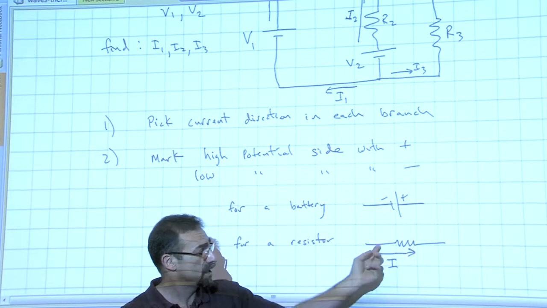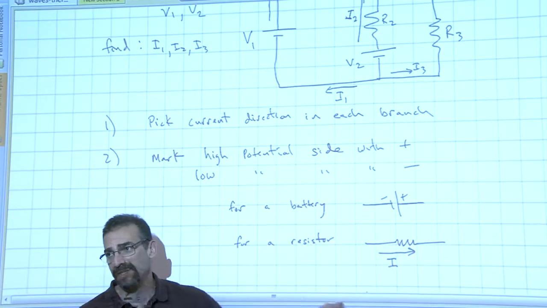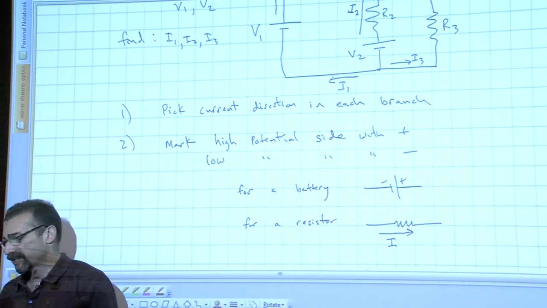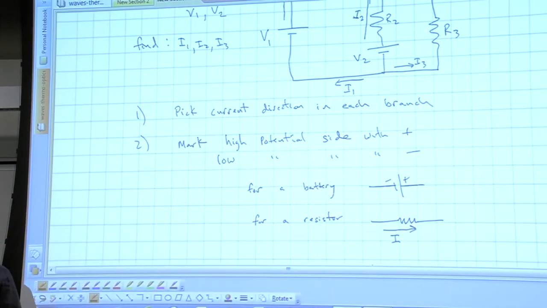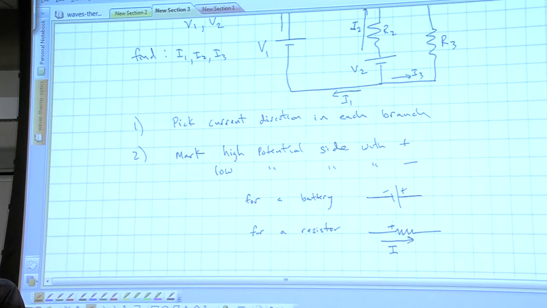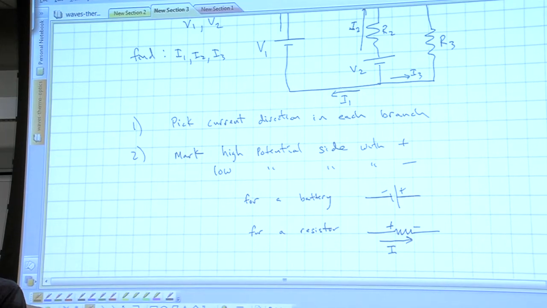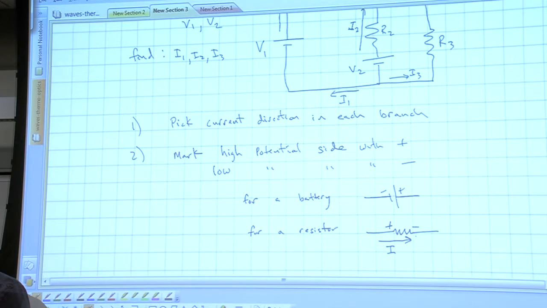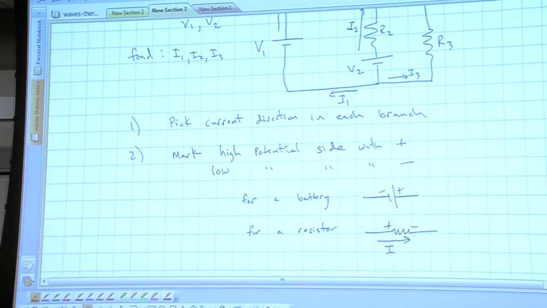If it was the other way around, positive charges would not be going that way. So if we know the current is going left to right, then the left side of this resistor must be at higher potential than the right side, or the current wouldn't be going that way. Current is the flow of positive charges. Positive charges flow towards lower potential, down the potential hill.